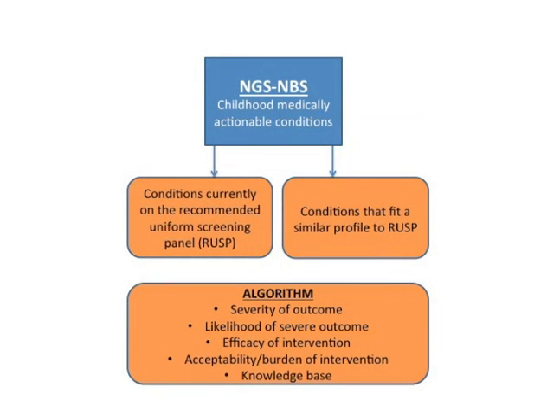So when we think about what we would include in a next-gen newborn screening test, these would include conditions that are currently on the recommended uniform screening panel, but also conditions that would fit in but maybe weren't part of the RUSP because they didn't have a test available.